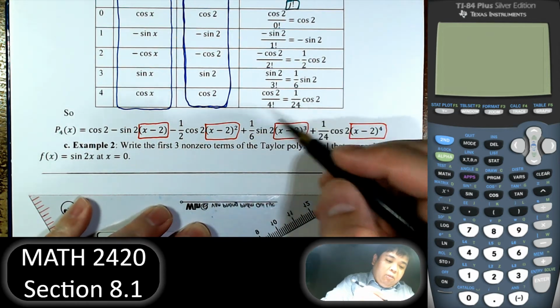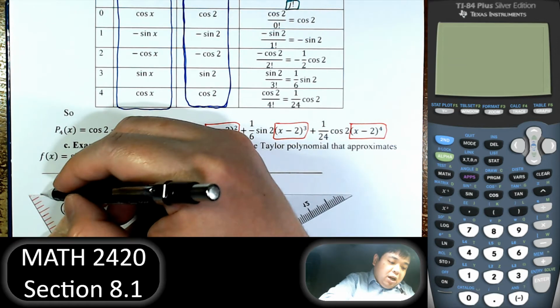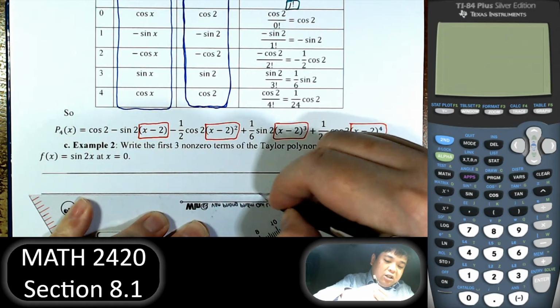We don't know how many terms we need, but we need the first 3 non-zero terms.